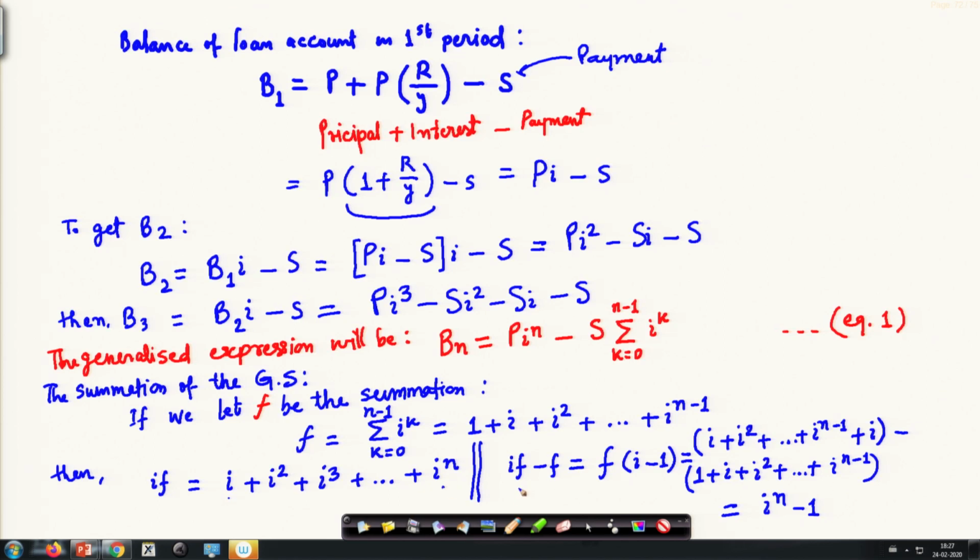And if we have I f minus f, which is f taken common (I minus 1), then we have this expression taken separately, which is leading us towards I^n minus 1.